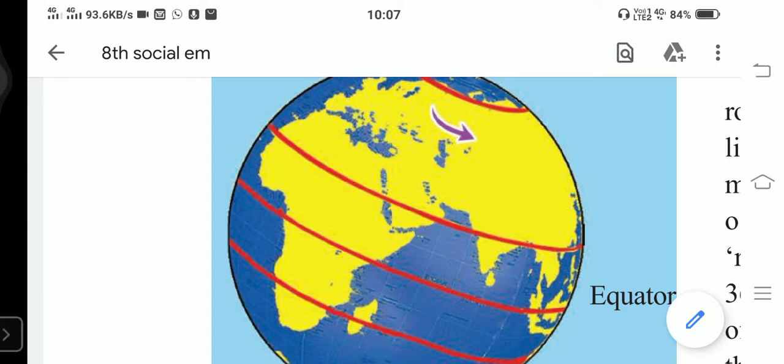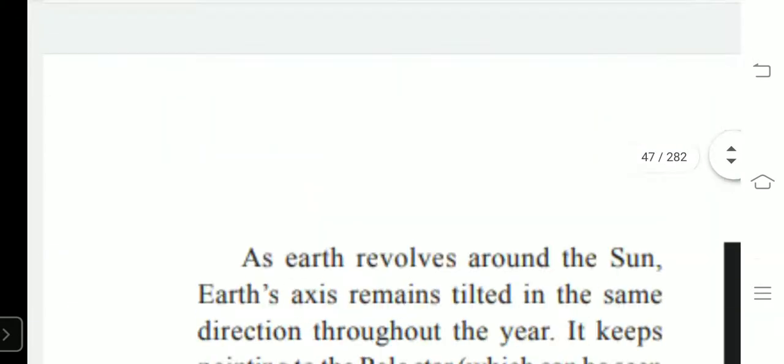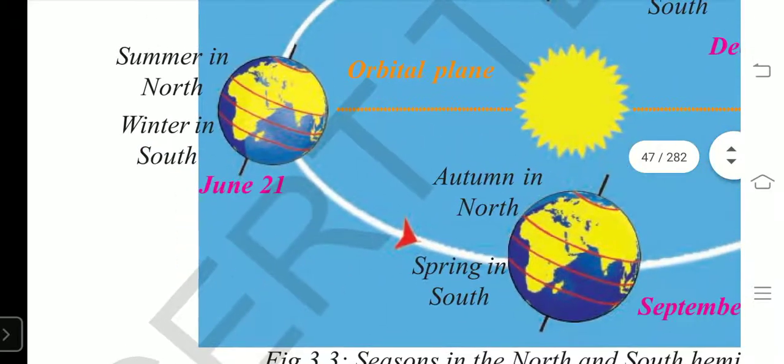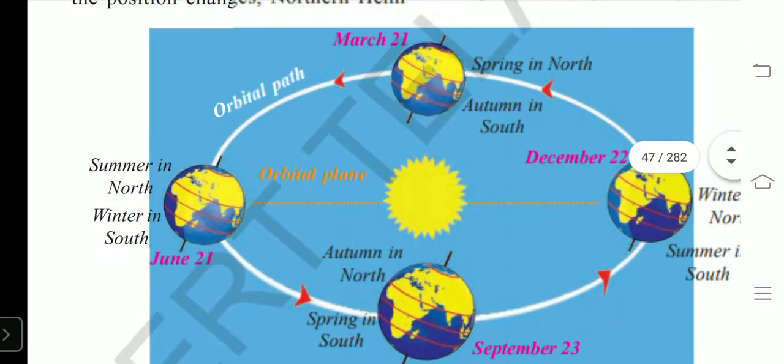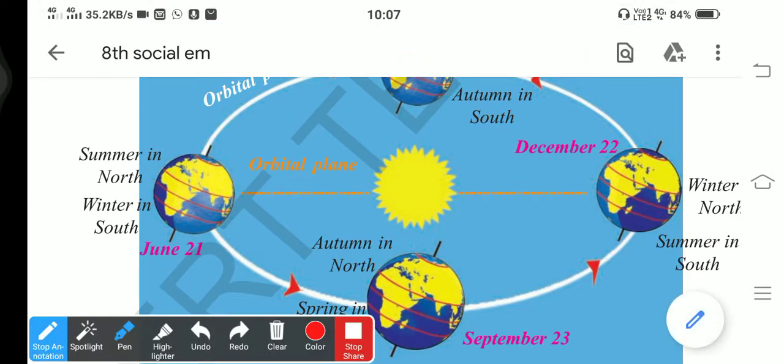That means it takes 365 days to complete one revolution. Understand? I'll take you to that figure, my dear students. Look at this figure. This is the revolution of the earth. The earth started moving around the sun.